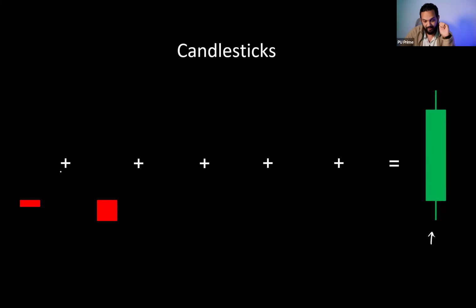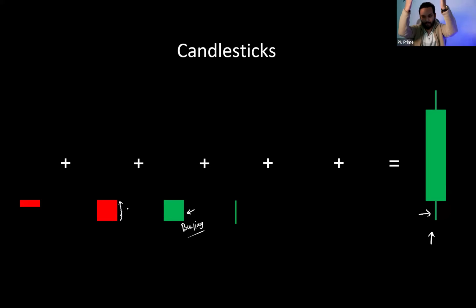And after that, the buyers took the control. So what we see on the chart is this wick, right? This wick is actually a representation of buying volume. So people are buying in the market, okay? So they are eating all what the sellers have been doing in the price.